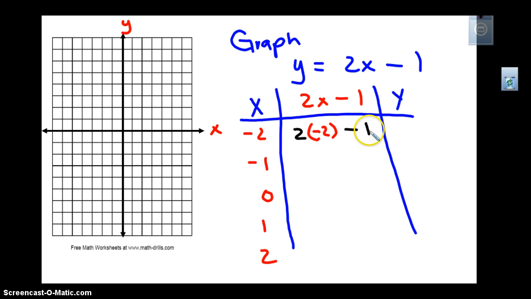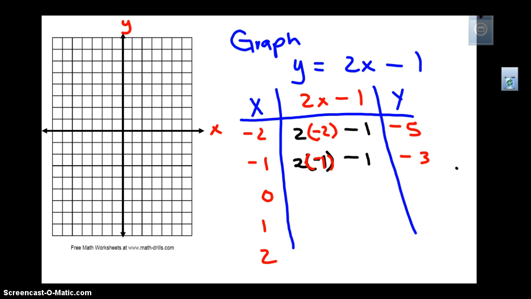And negative 4 minus 1? Negative 5. Going to do this again. 2 times negative 1 minus 1. What does that equal? Negative 2 minus 1, negative 3.